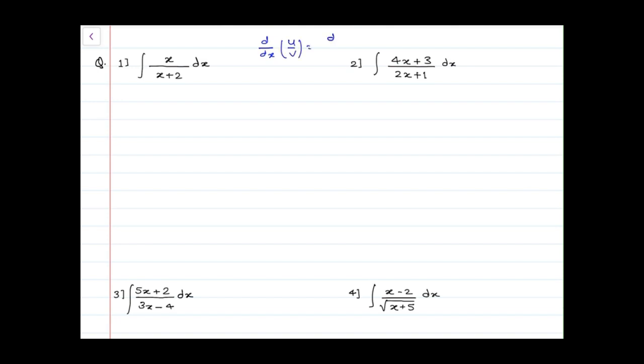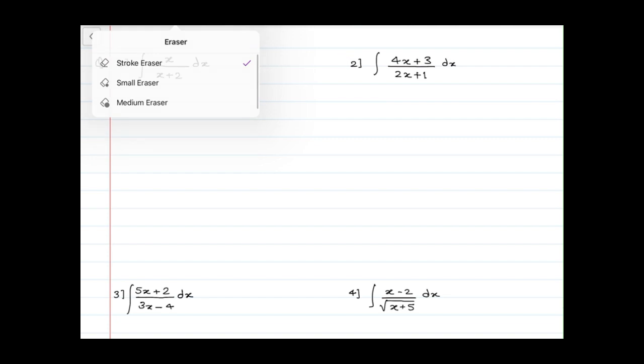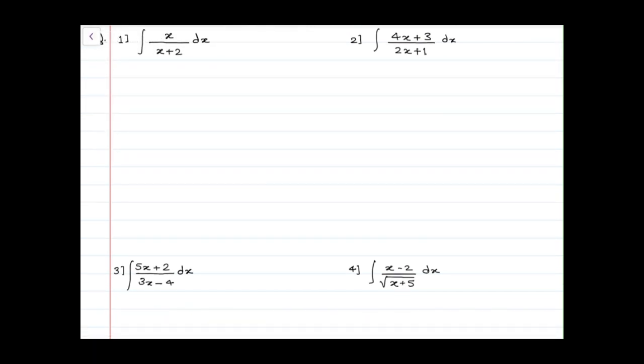And the formula was v times differentiation of u with respect to x minus u times differentiation of v with respect to x, divided by v square, right? But we don't have any such formula for integration. So for that, what we need to do, we need to simplify the equation, right? It's not difficult, we'll see.